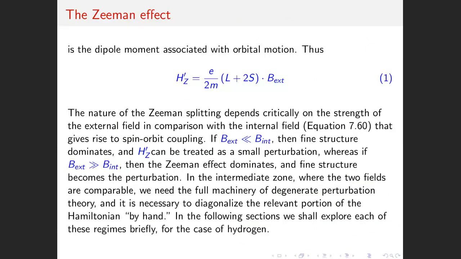If B is smaller, so this will be for weak fields, then the fine structure dominates, and then Hz, what I said previously, so your perturbation will be given by this one, which I derived. The 2, I repeat, comes from the anomalous magnetic moment of the electron. And I have to repeat over and over that it's not exactly true. Even though the Dirac equation is a brilliant equation, it tells you that it's not exactly true.